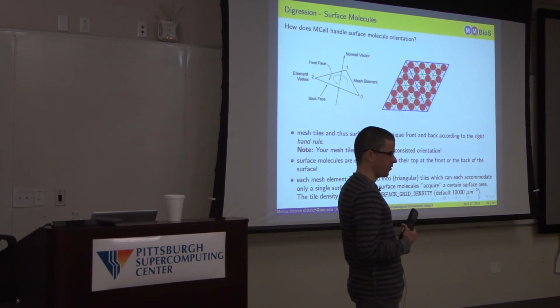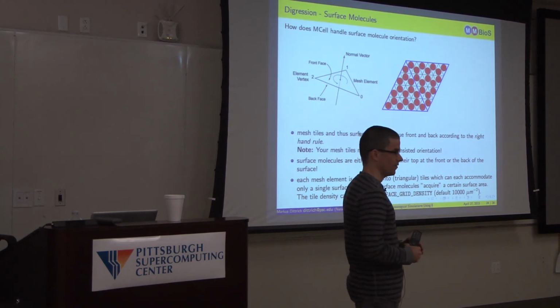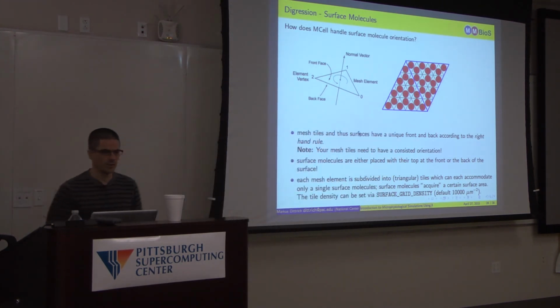So the actual computation of the probability is correct and takes into account the size of this triangle, right? If the triangle is larger, the probabilities change, and when they shrink, they change. And I think you're going to cover the mathematics. I'm curious how that works. And the same for the diffusing volume molecules.